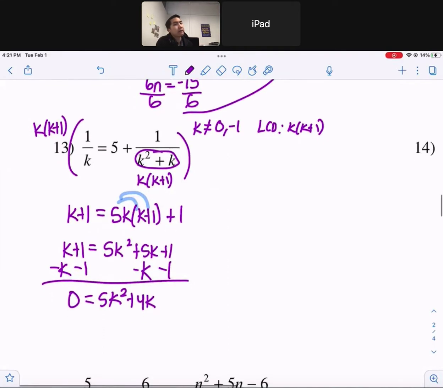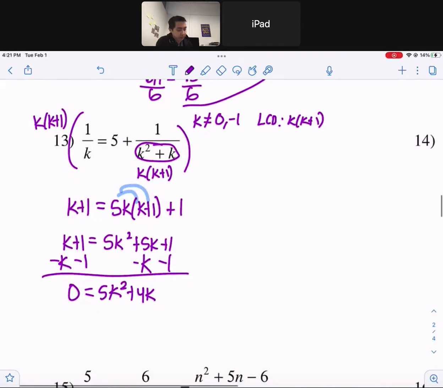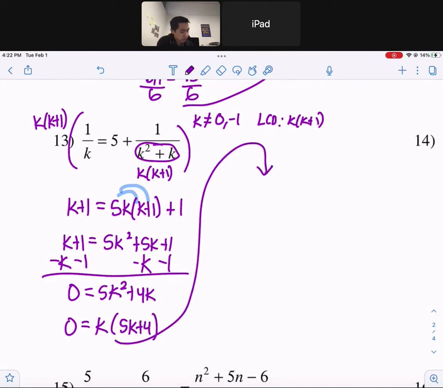So we have a second power, a quadratic, which means to solve this we have to factor. We can factor out a k from both, so k times 5k plus 4.